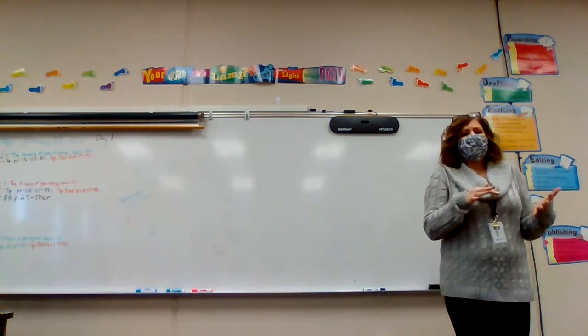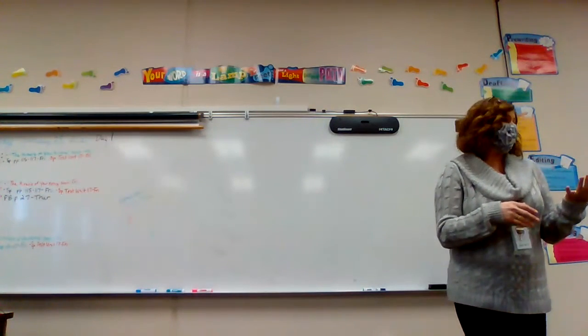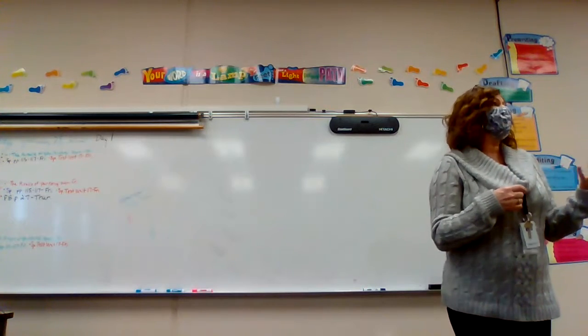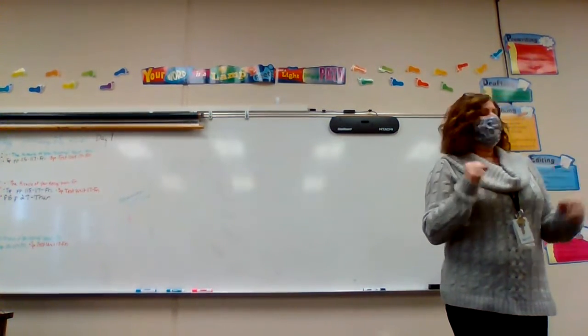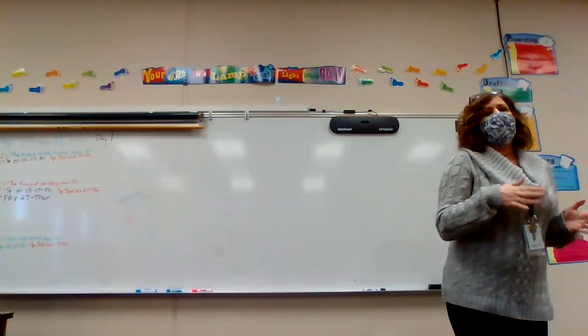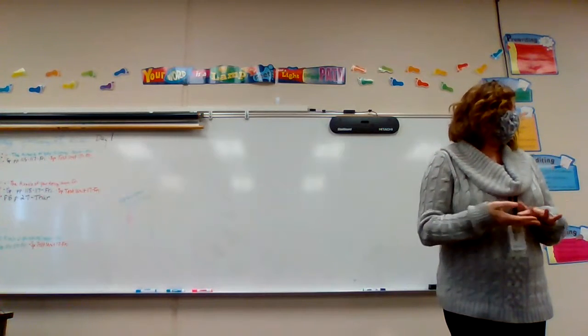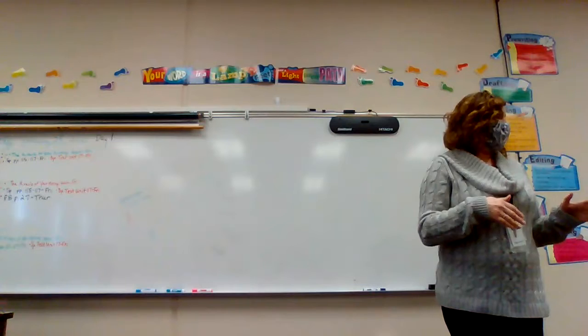but a clause can express a complete thought. When it expresses a complete thought, we call it an independent clause. Independent, like you can do things on your own. A clause can stand by itself. And when it can't stand all by itself, like when you need something more, it's called a dependent clause.